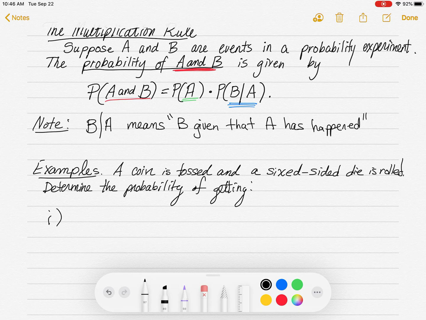Number one, let's say you're interested in the probability of getting heads. Can't spell heads, can I? And the key word here is "and": probability of getting heads and 6.